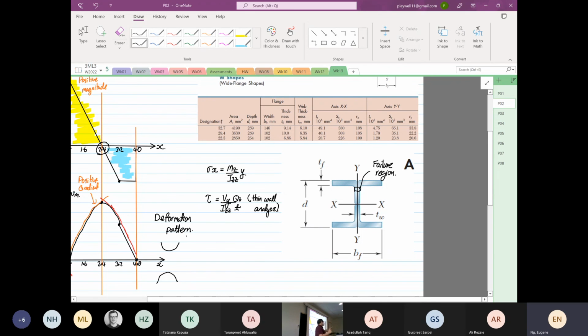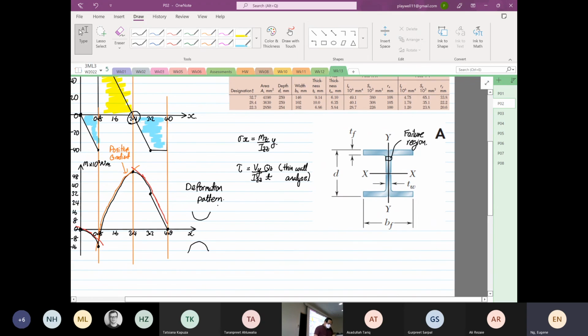Agree? Now the question is, what Mz and Vy values do we use?